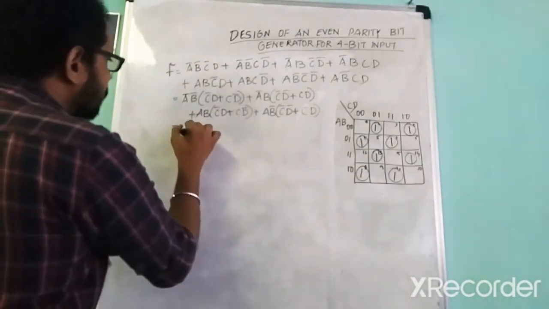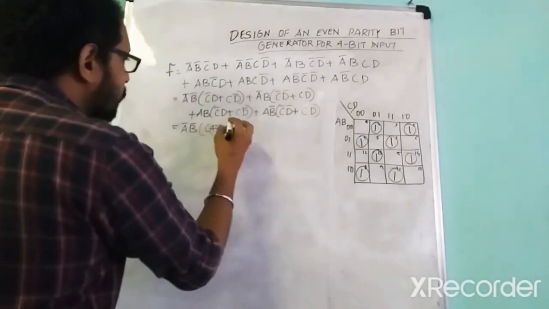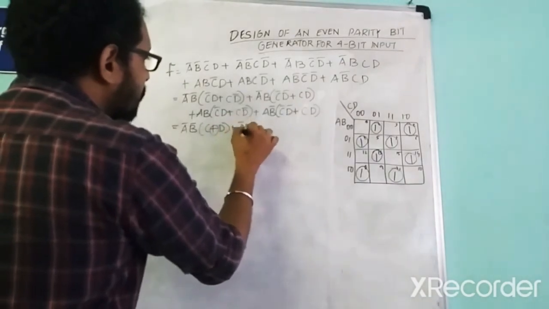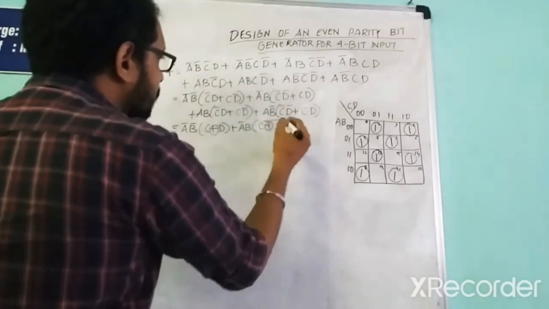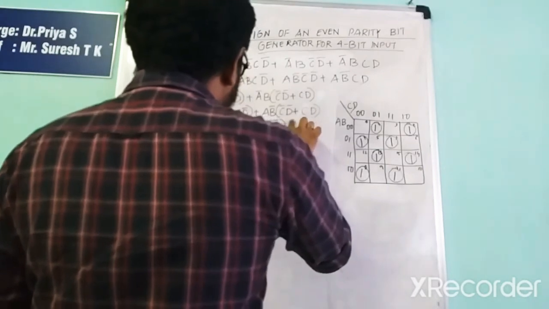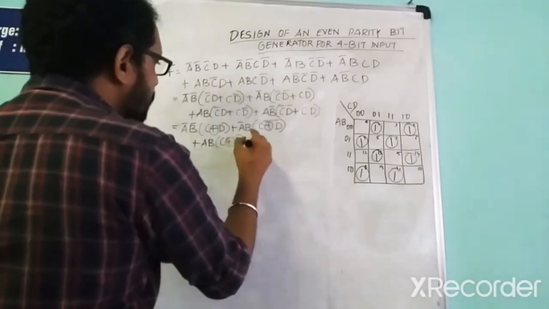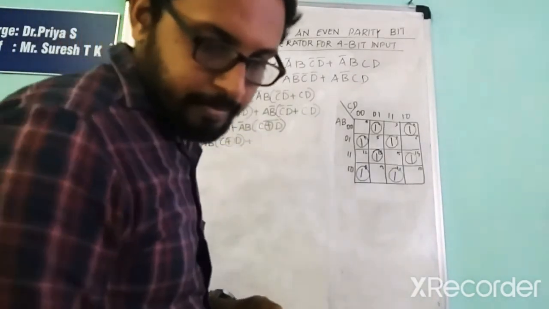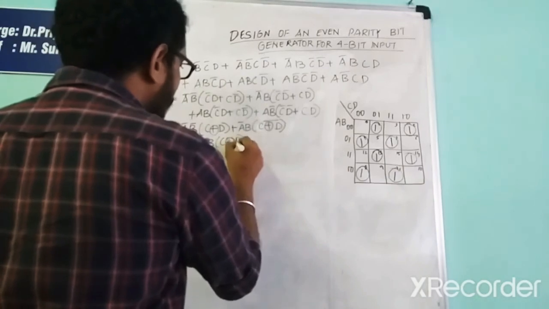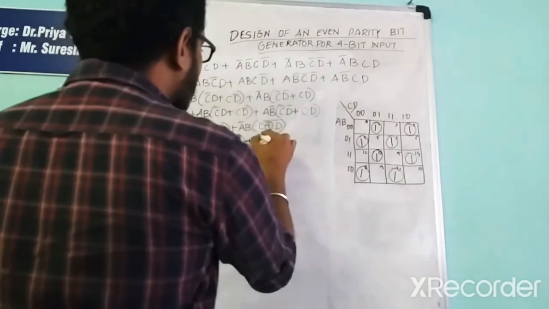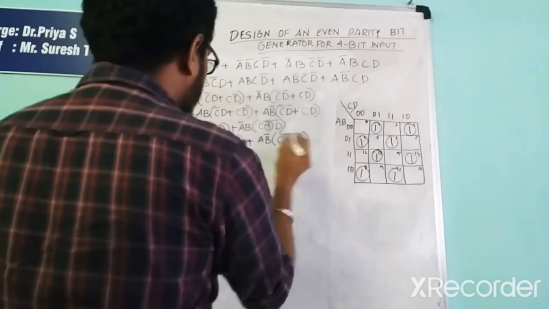Again, this is equal to a bar b bar into (c XOR d) plus a bar b into (c XOR d) the whole bar plus a b into (c XOR d) plus a b bar into (c XOR d) the whole bar.